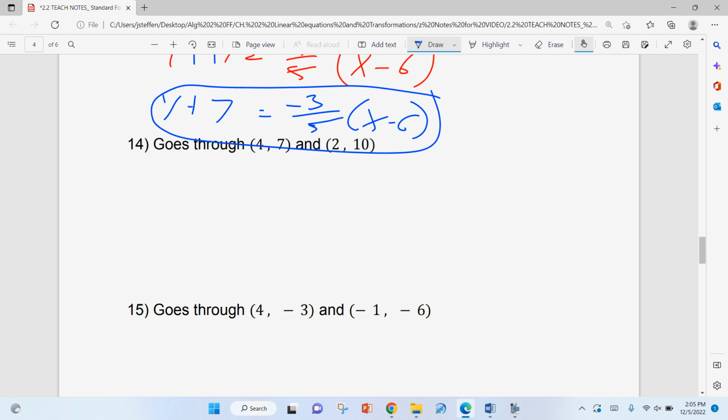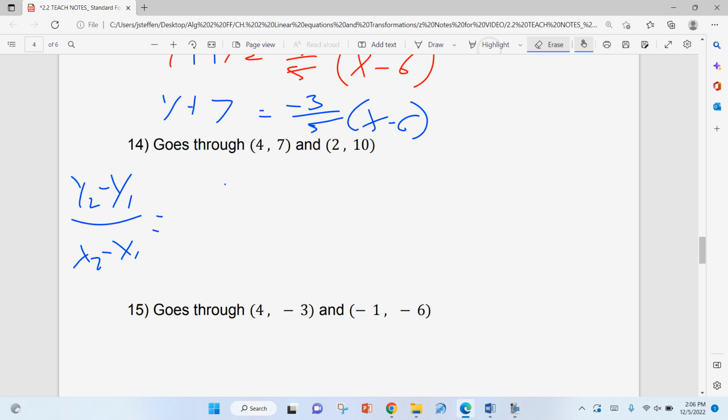Now these next ones are the exact same. The only difference is you have to find the slope first, and then it doesn't matter which ordered pair you use. So the slope is y2 minus y1 over x2 minus x1. So you can label x1, y1, x2, y2.